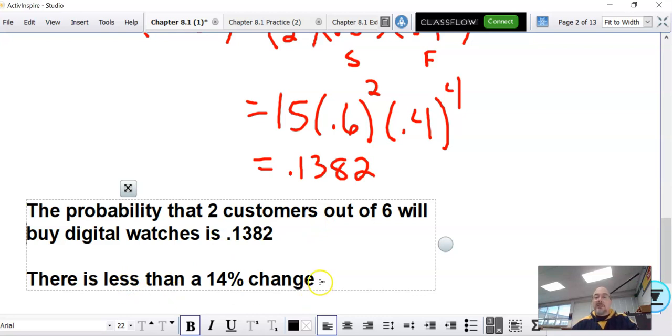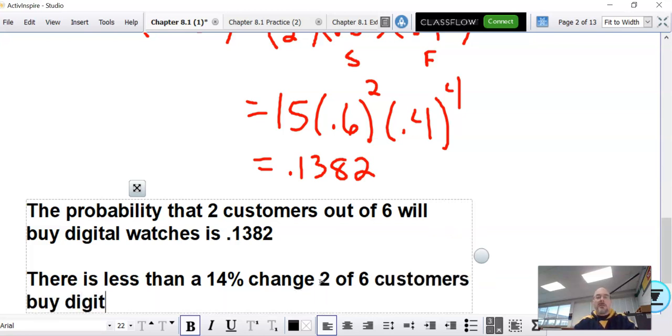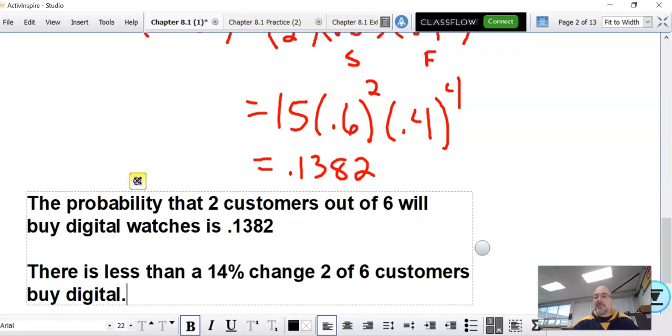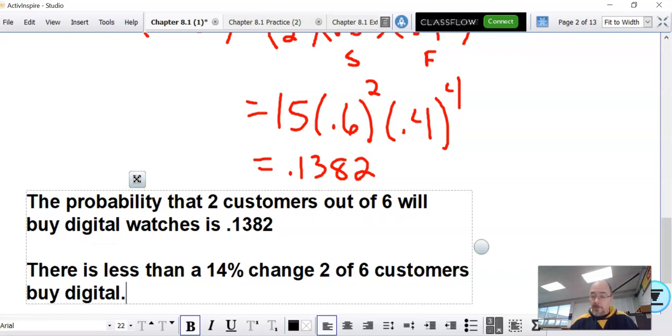So there is less than a 14% chance 2 of 6 customers buy digital. Okay, it didn't say to put it in a percent. You don't have to put it into a percent unless it says it, but I just wanted to throw that in there. Okay, so now that was, again, very specific on digital watches.